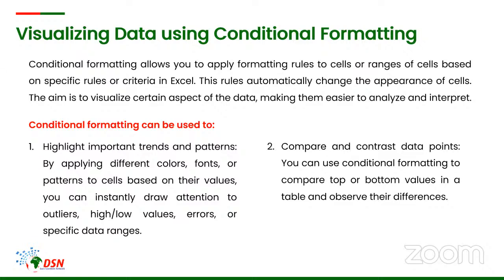We can use conditional formatting to see a pattern movement. Let's say our rainfall data cuts across 10 years, and we have volume of rain, and we want to see the period where rainfall goes to the extreme value.